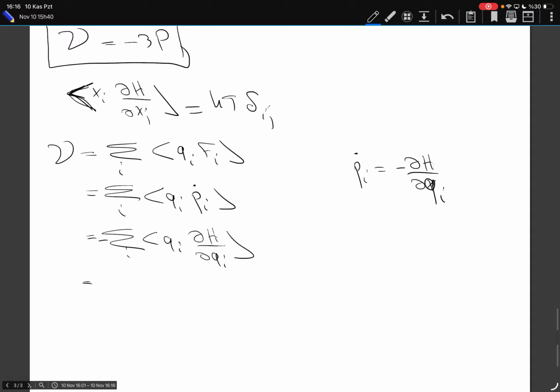So this is equal to minus the sum over all i of kT times the Kronecker delta, i summed over all the coordinates. Which is equal to, well, essentially i is labeling the coordinates. I have 3N coordinates.